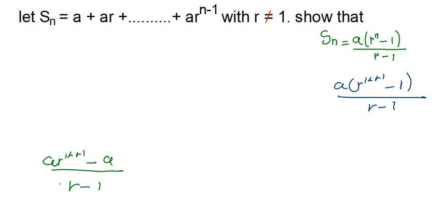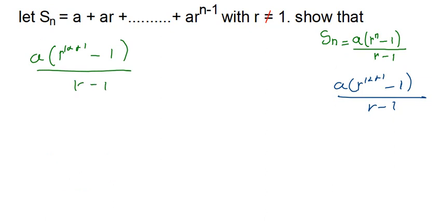So we can factor out the a. That would be a open bracket r to the power k + 1 minus 1, divided by r minus 1. We are able to see that our left hand side is equal to our right hand side, meaning whatever we are doing is very much correct.